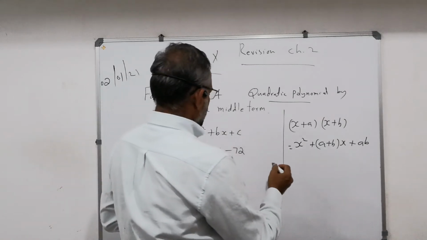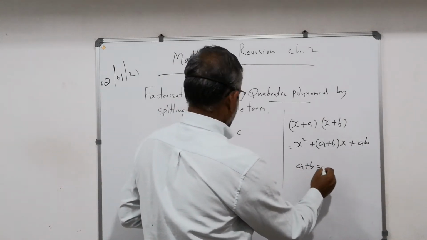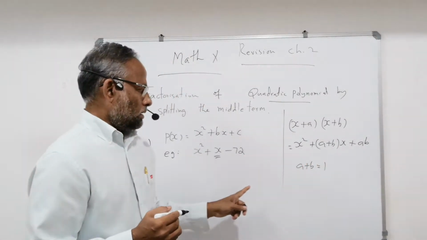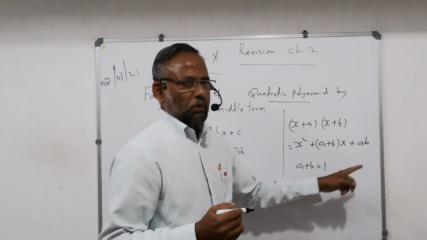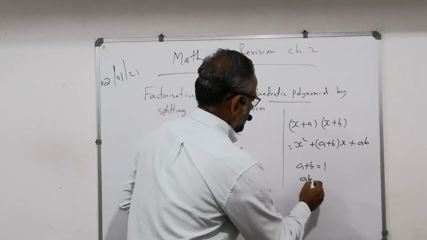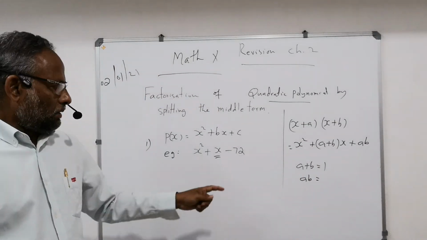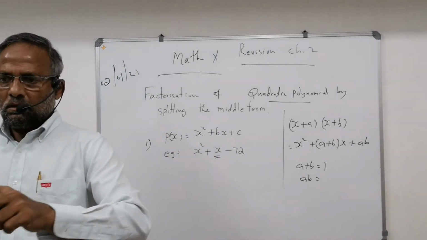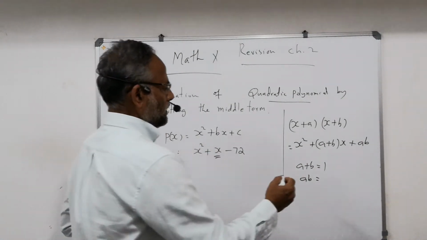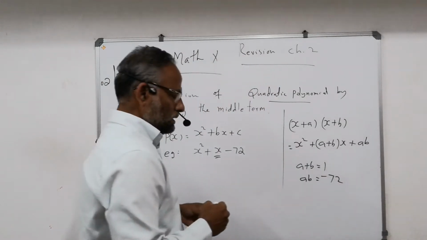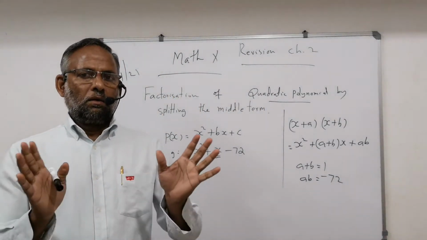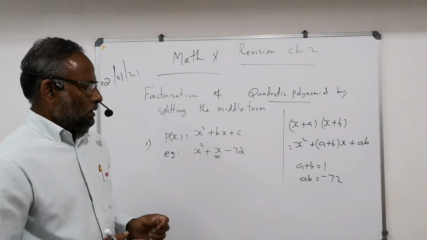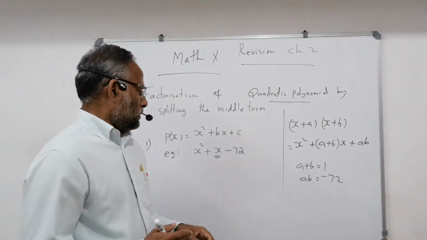Okay, fine. Here a plus b, the coefficient of x term, is equal to 1. Then a into b, the product, what is the product here? Tell me. That is minus 72, be careful, minus. Always minus, plus, don't confuse. Now here, a plus b is equal to 1, ab is equal to minus 72.